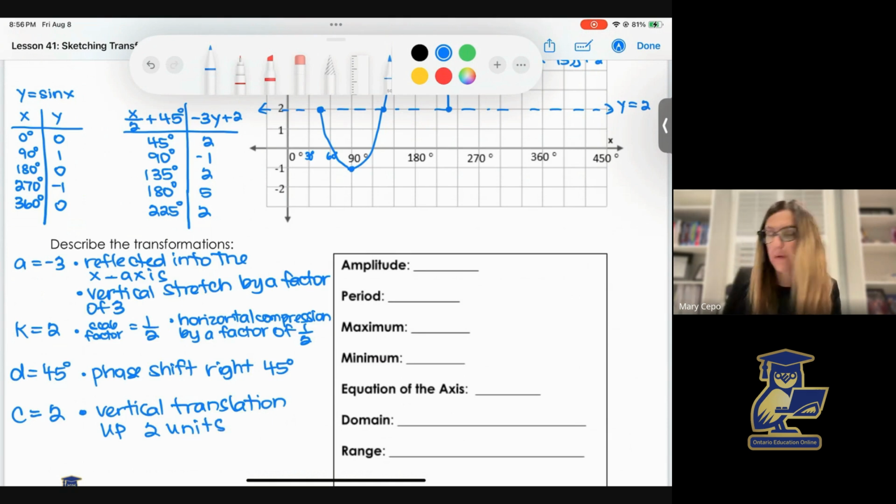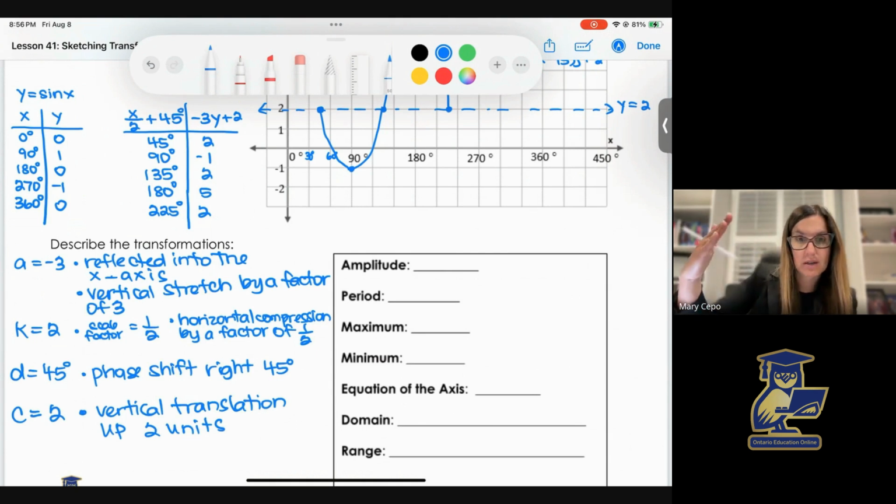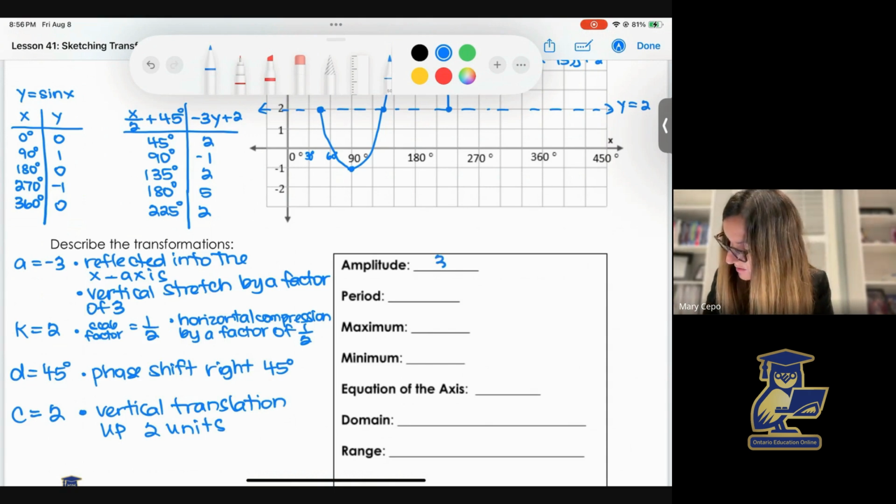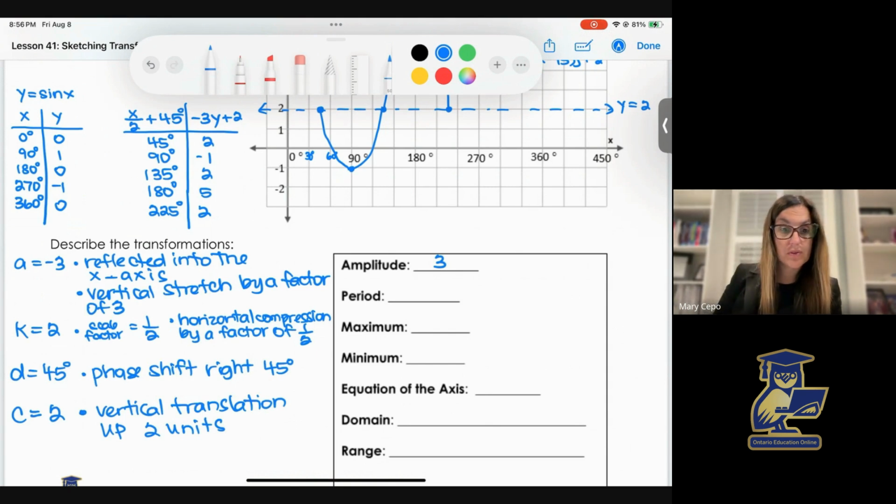Okay, what is the amplitude again? That distance from the equation of axes to the minimum, or the equation of axes to the maximum. We can read that from our A value, and we always just describe the amplitude in positive values. So we know A is -3, but the absolute value of -3 is 3. When does one full cycle occur?